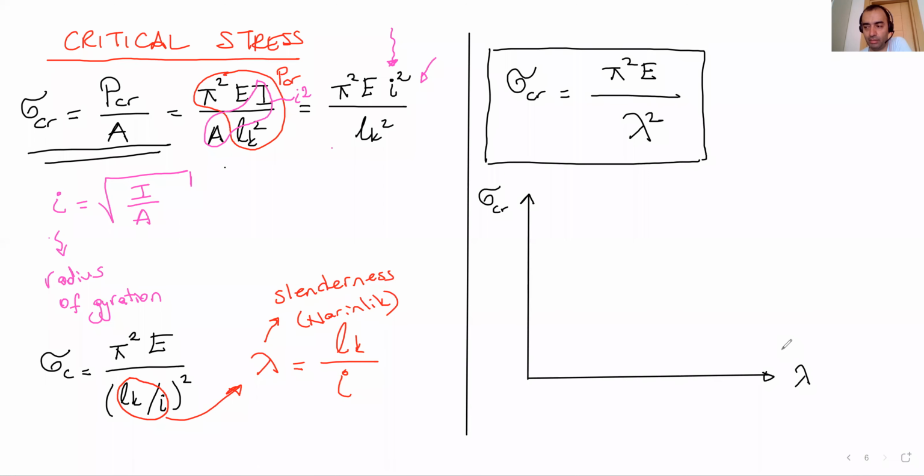Lambda is slenderness, remember. The Euler's hyperbola is like this.